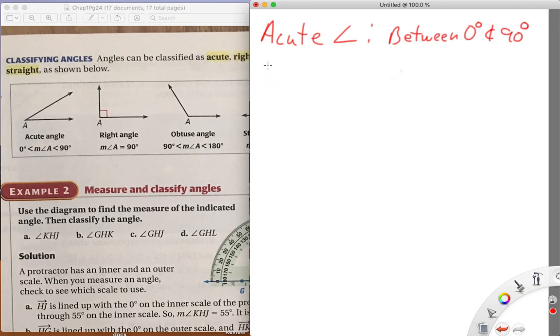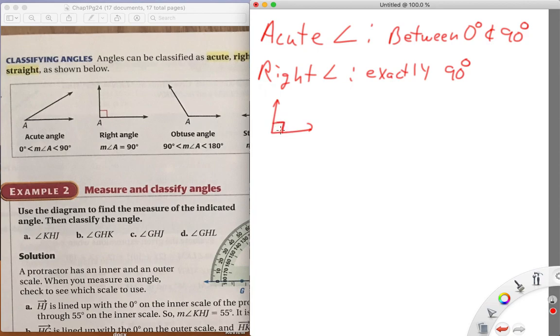Obtuse, or right, let's do right first. A right angle is an angle that's exactly 90 degrees. And we know that something is 90 degrees because we have the little box symbol. So here's an example of a right angle.